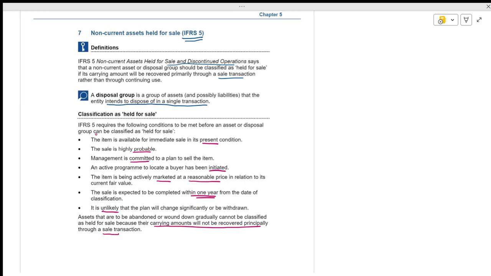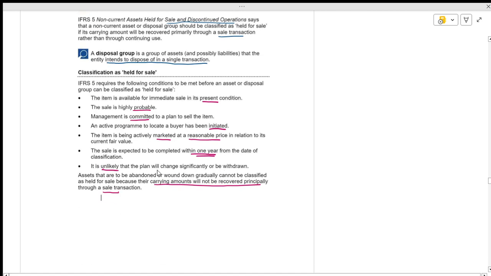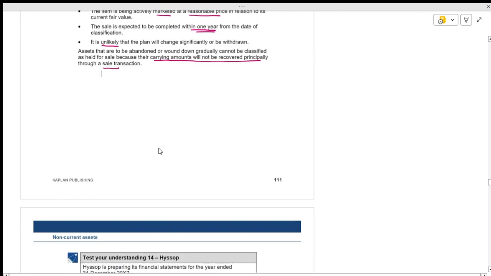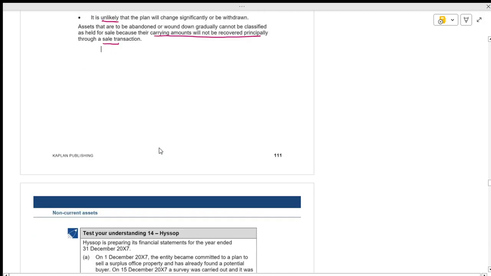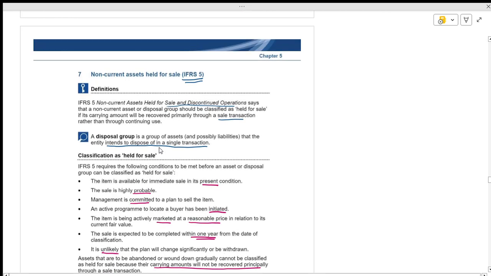When we are talking about abandonment, it means the asset is of no use. Those types of assets will not be classified under the category of IFRS 5.